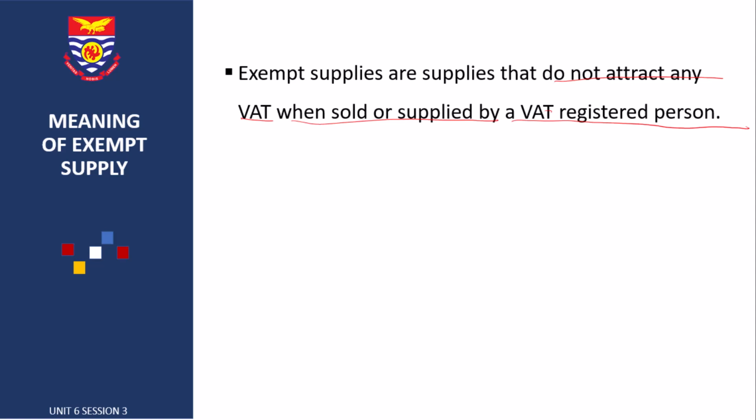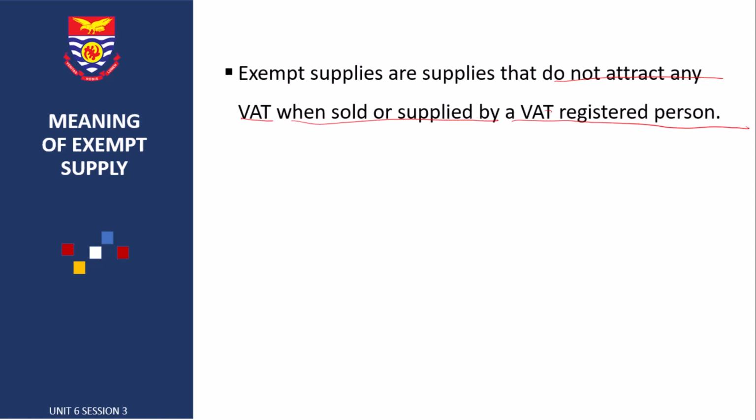Also, since the supply of exempt goods or provisions of exempt services is considered by law to be outside the scope of VAT, dealers in exempt supply cannot recover any input tax that may have been paid on inputs relating to exempt supply.